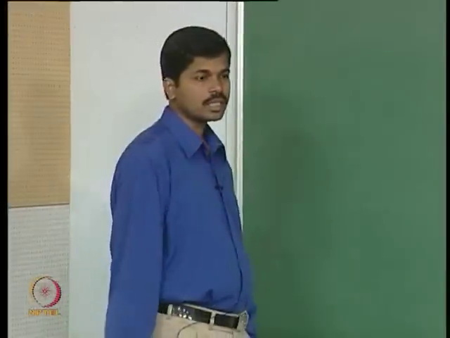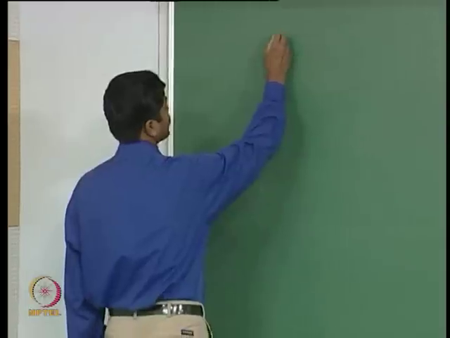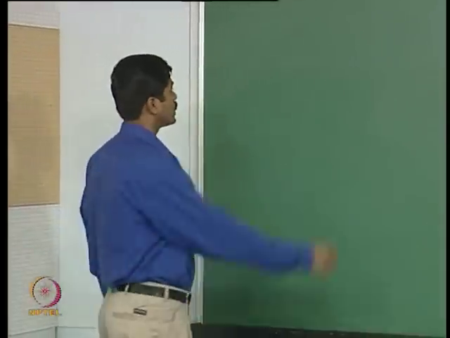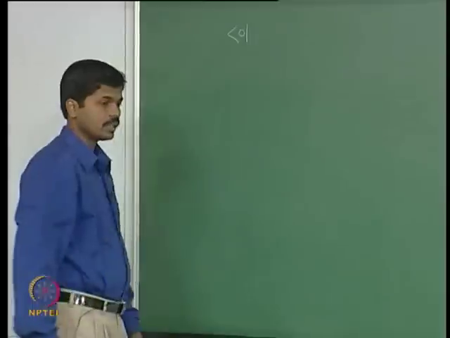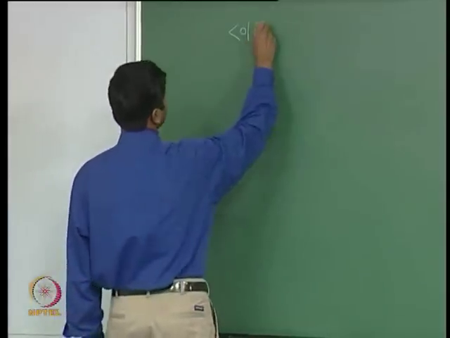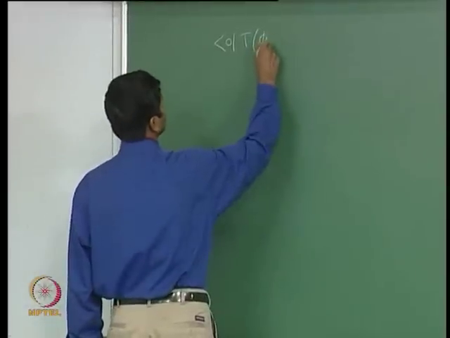Okay, so in the last lecture we derived a formula for the n-point correlation function, which is the vacuum expectation value of the time ordered product of n fields.